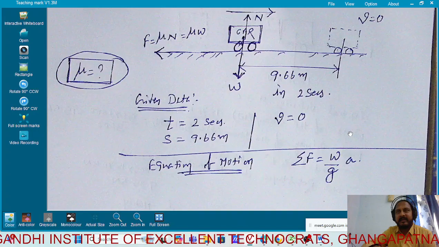That is frictional force. So what is frictional force? Mu into W, equal to W by g, 9.81, into a.